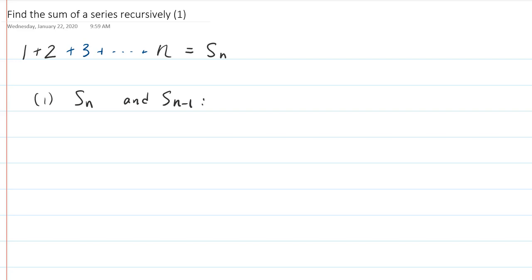For this series, it's pretty straightforward. Looking at Sn minus 1, the last term is n minus 1, so we can easily see that Sn is equal to Sn minus 1 plus n.